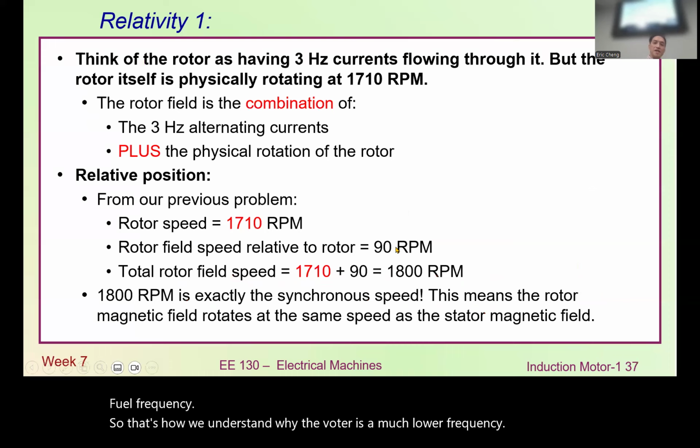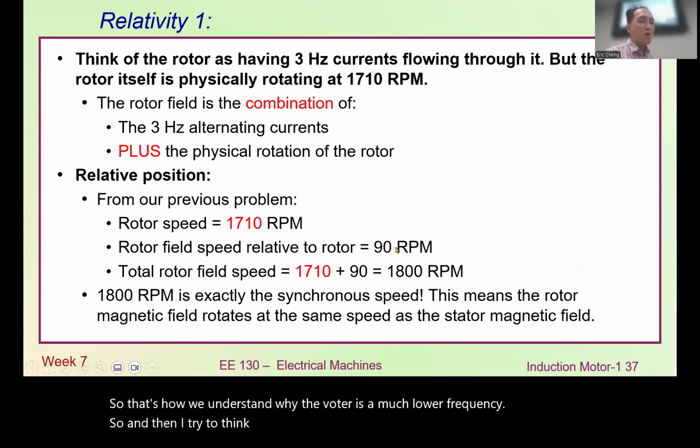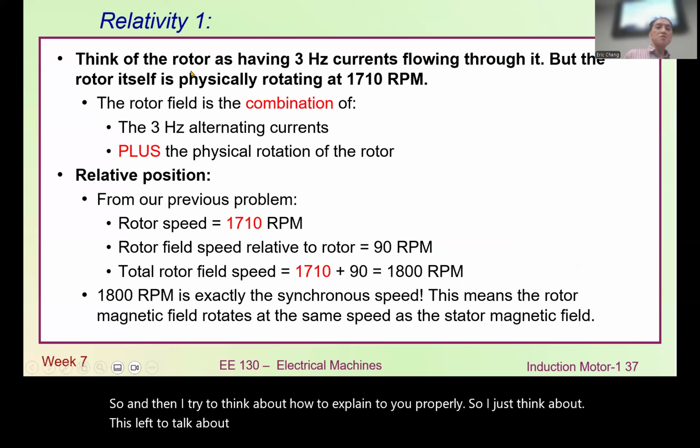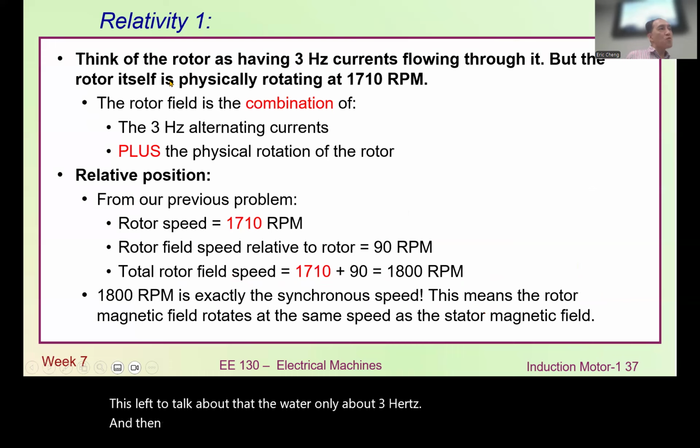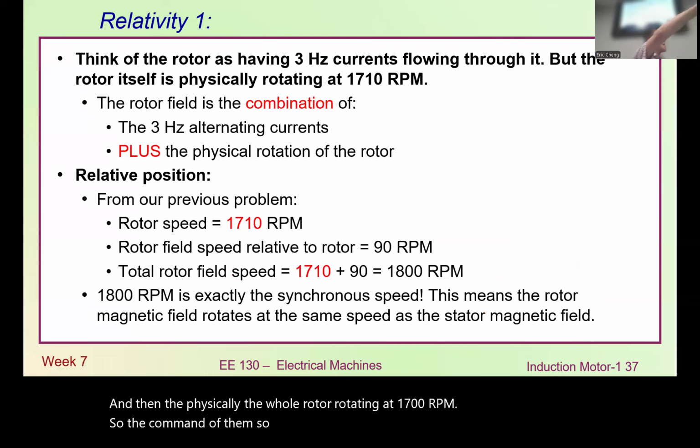Then I tried to think about how to explain this to you properly, so I thought about this method. The rotor current is only about 3 Hz, and physically the whole rotor is rotating at 1,700 RPM. Externally you can see the rotor rotating, while inside the current is only 3 Hz.